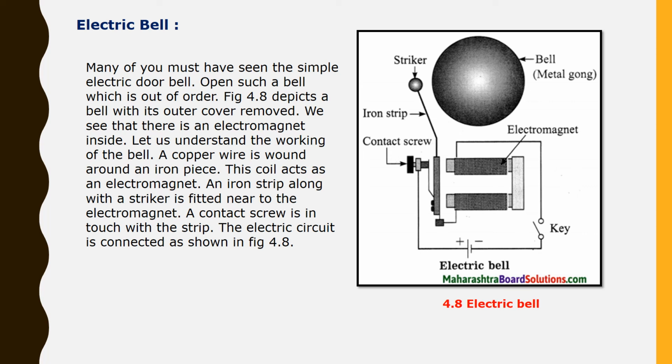An iron strip along with a striker is fitted near this electromagnet. A contact screw is in touch with the strip, and there is one contact screw near this strip. The electric circuit is connected as shown in figure 4.8, and you can see this electric circuit in this figure.